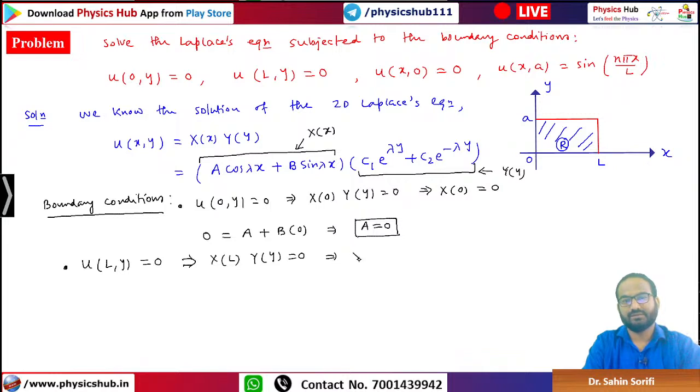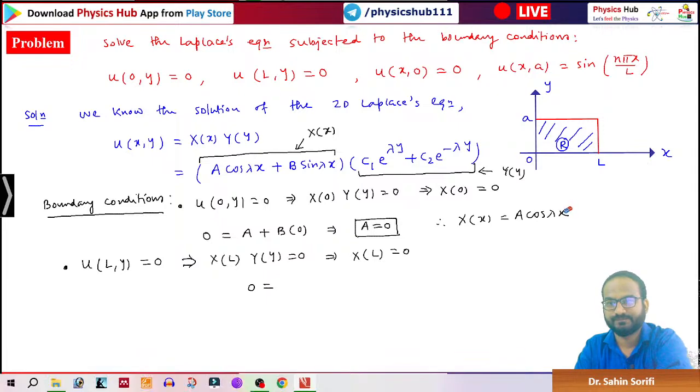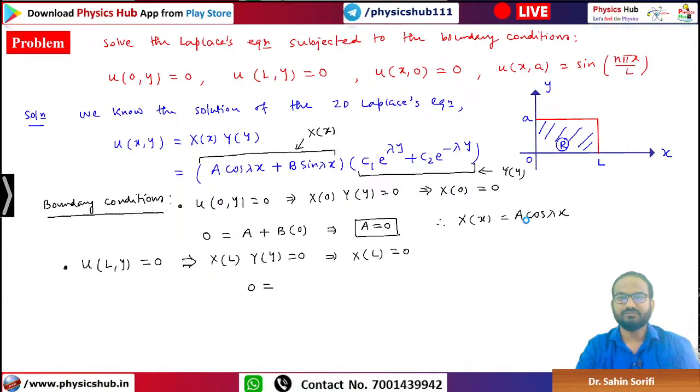Y of y is a variable, so X of L equals 0. Utilizing this, with a equal to 0, what remains is b sin lambda x.